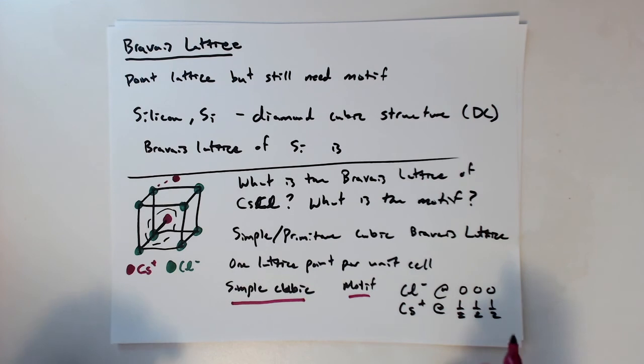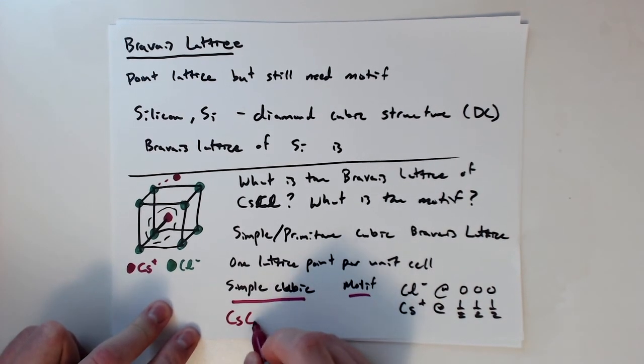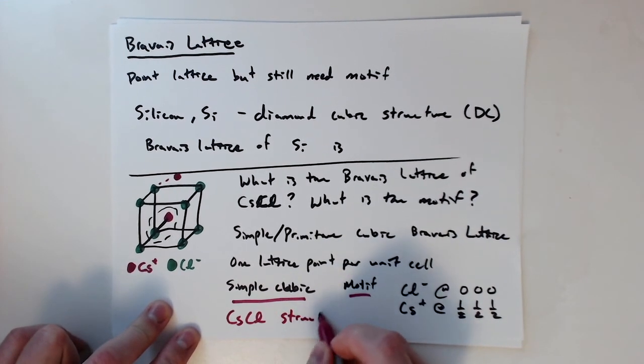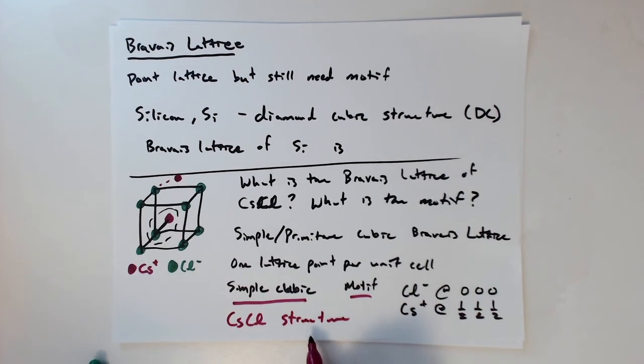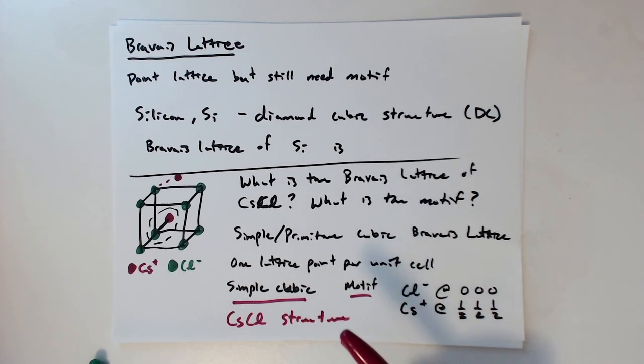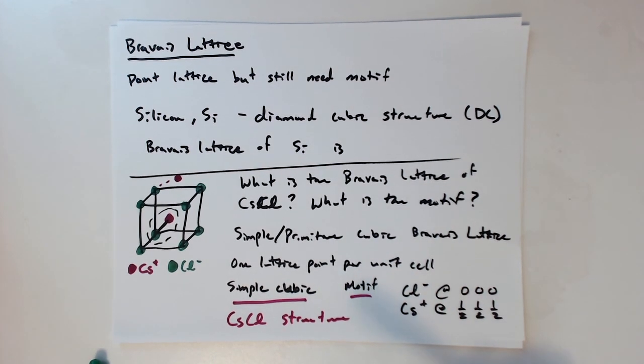So that's how I can construct the cesium chloride structure, because the cesium chloride structure is not a Bravais lattice. That is a combination of Bravais lattice plus motif. And that's how we can construct every single crystal structure that you're going to see. And there's usefulness to talking about the Bravais lattice because that gives us a lot of information about symmetry and so forth.